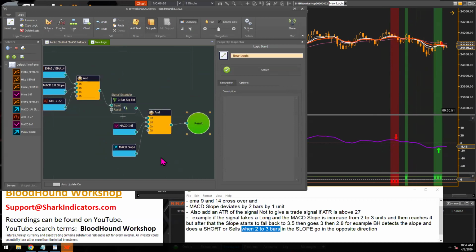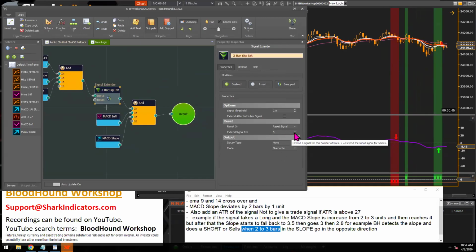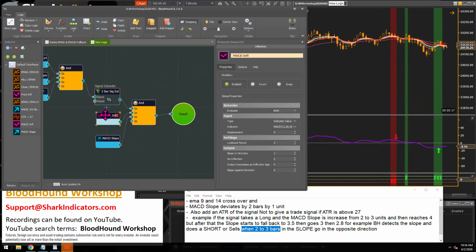But if we want a distinct signal, then what I'm going to do is roll this back down to 3. So that's the signal extender. And then go to the inflection solver. And I'm going to set the look back down to 1 again. There.